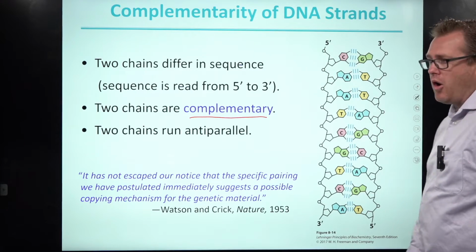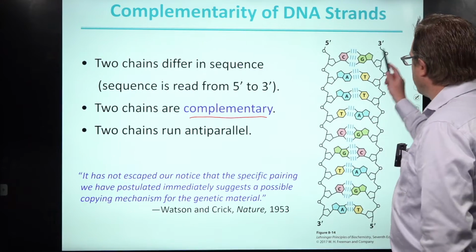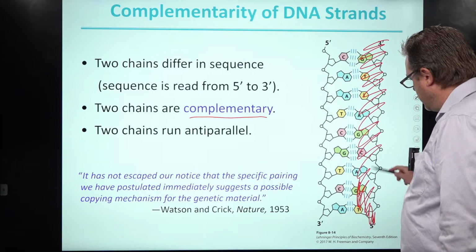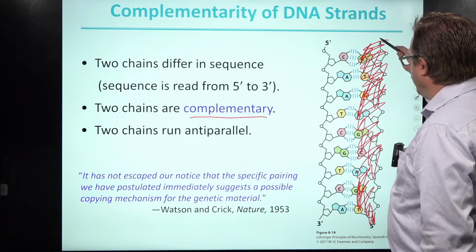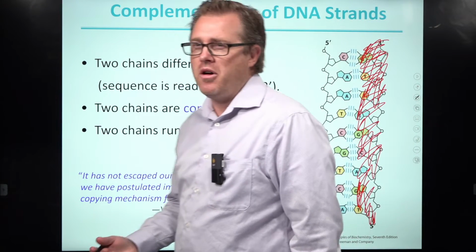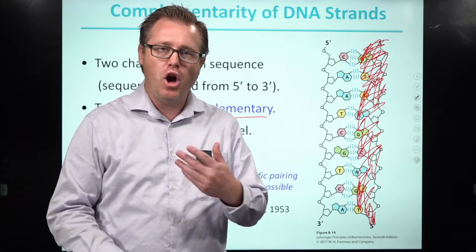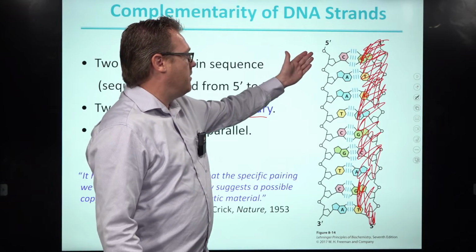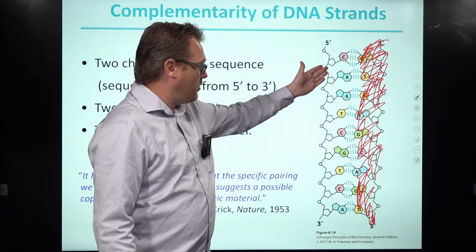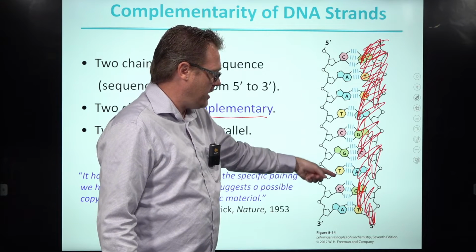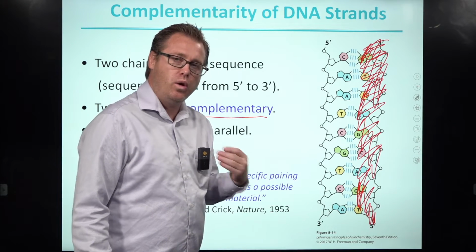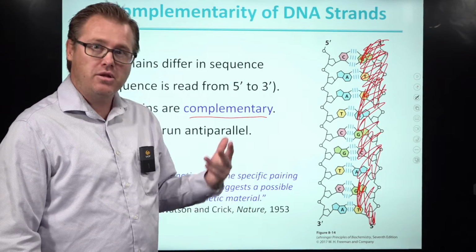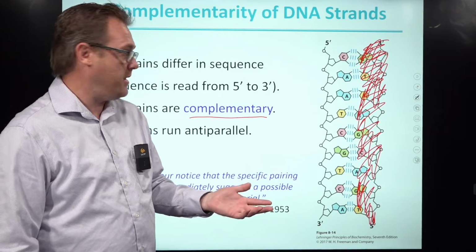So if we only knew one of the strands, so we have this DNA molecule right here, and let's just say for some weird reason we only know one of the strands, shown there, and we know the sequence, CAATCGTCA. Would we be able to figure out what the other strand is? Yes, so easy, because we know it's complementary.